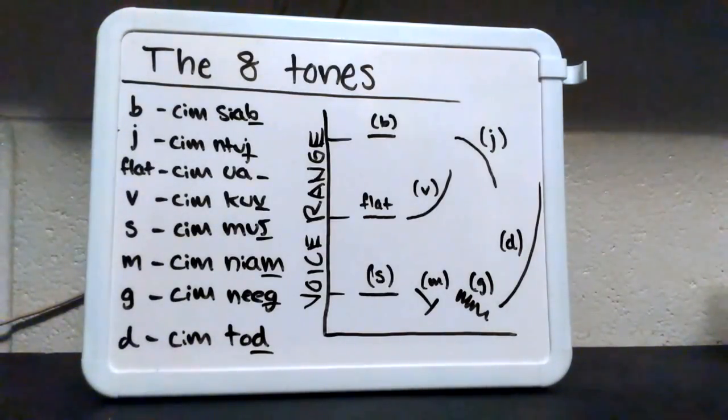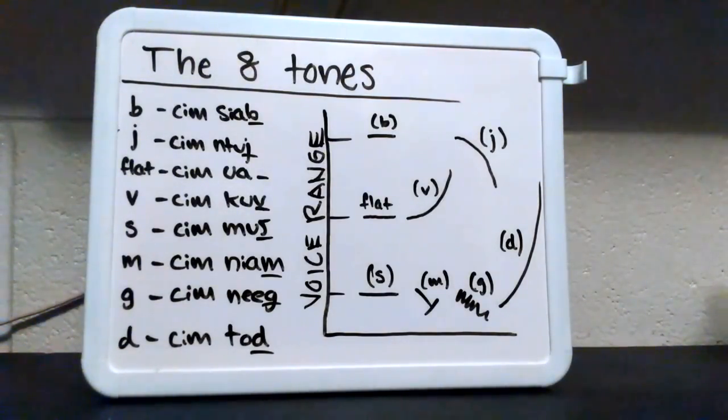So if you establish your voice range to flat real quick, then you'll better understand what the B and J tone are like. If you establish your flat monotonous tone like this, and then out of nowhere you just say shia, you see how my tone went straight up? That's the high tone.